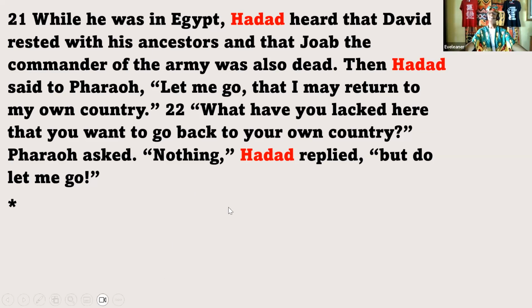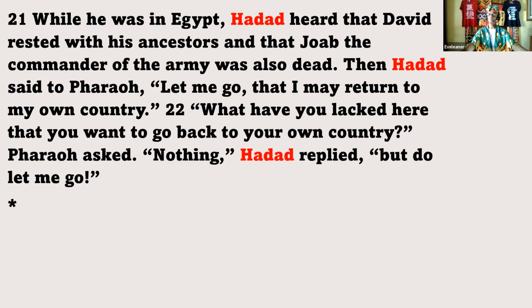So then it says, then Hadad said to Pharaoh, let me go, that I may return to my own country. What have you lacked here that you want to go back to your own country? The Pharaoh doesn't seem like he wanted him to really leave. And Pharaoh asked, it's nothing.